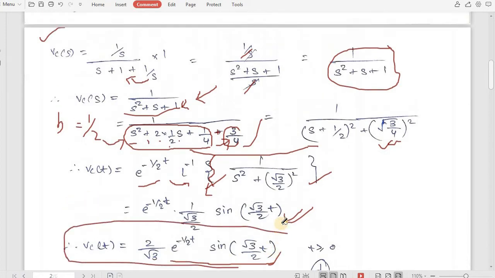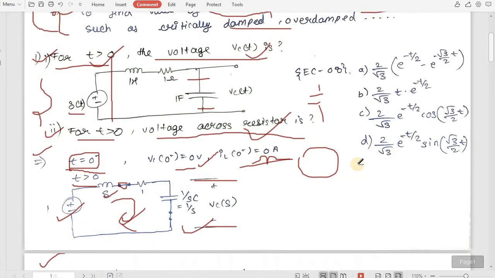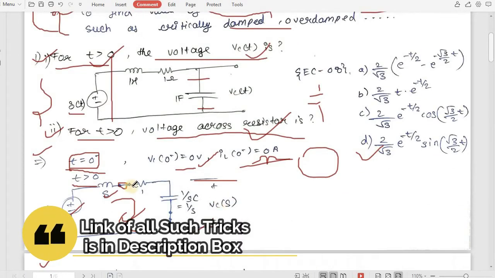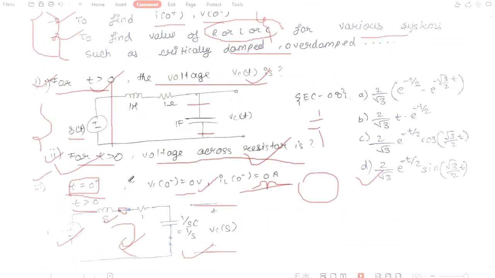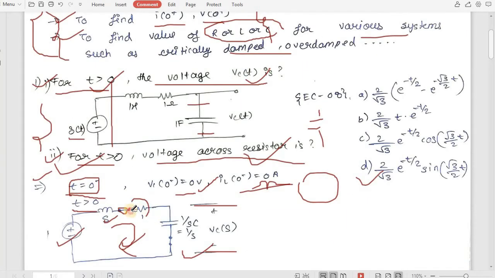If you compare this with the options, you will find that option D is the correct one. Now let's find the answer for the second question. In the second question we have to find the voltage across this resistor. The voltage across this resistor will be the current flowing through this circuit multiplied by this R value.